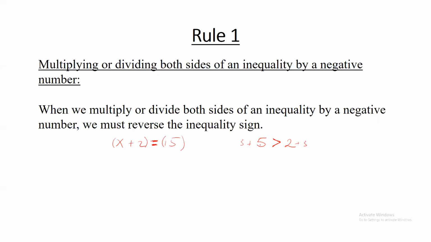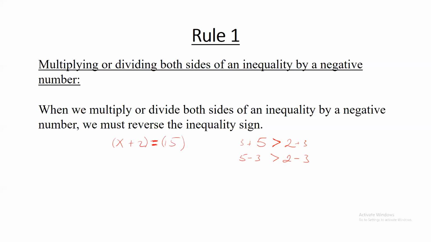Since the left number was bigger, it's going to stay bigger. The same thing will be true if I was to subtract, because then they both decrease by the same amount, so the number that started out bigger will stay bigger. So for example, 5 minus 3 is still bigger than 2 minus 3, right?